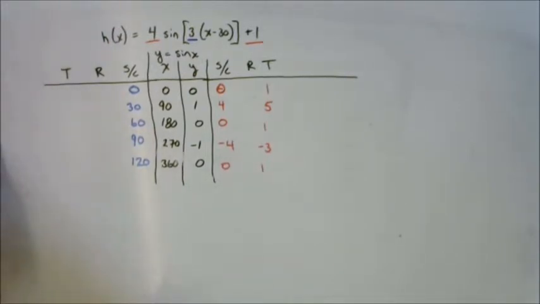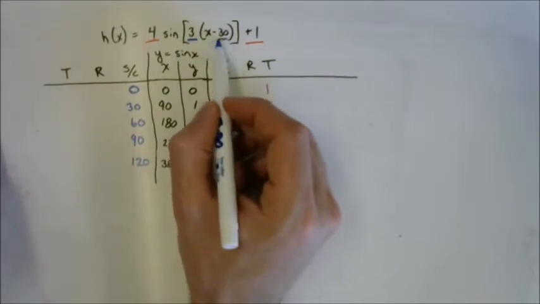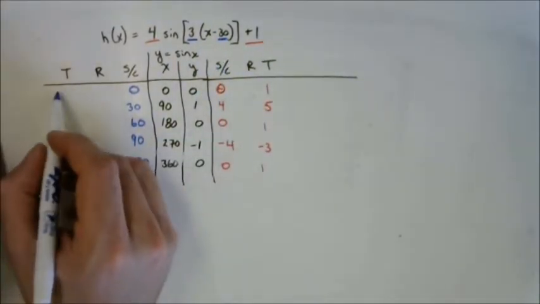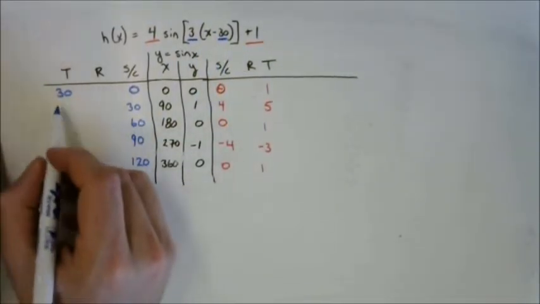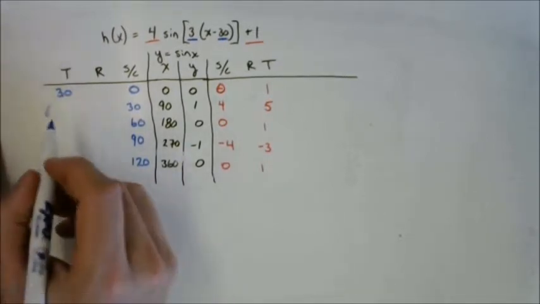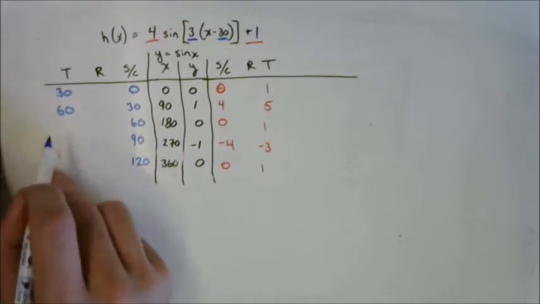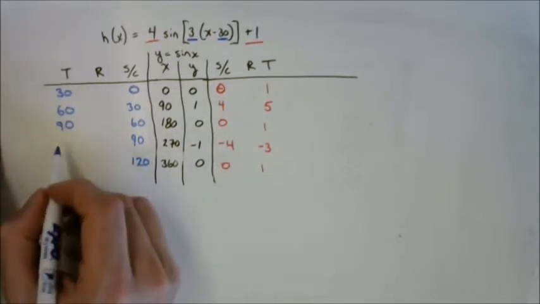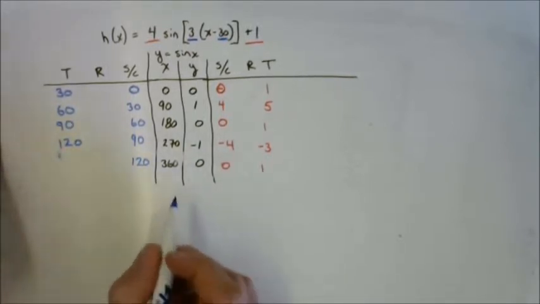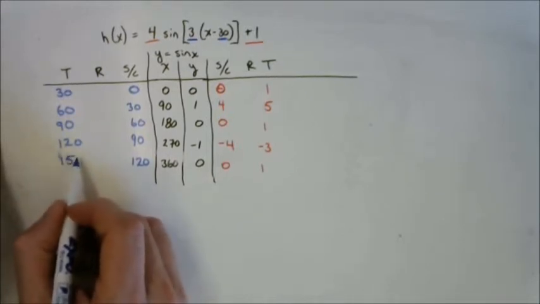No horizontal reflection, and then we're moving to the right 30. So 0 becomes 30, 30 becomes 60, 60 becomes 90, 90 becomes 120, and 120 becomes 150.